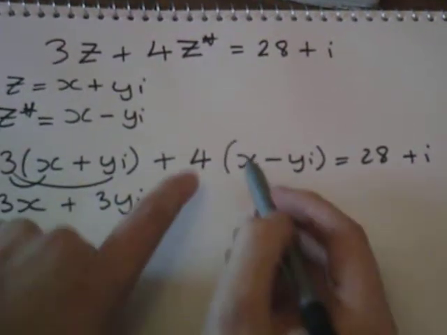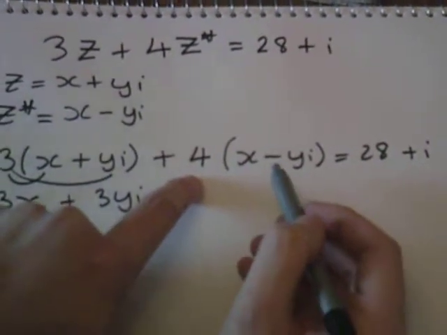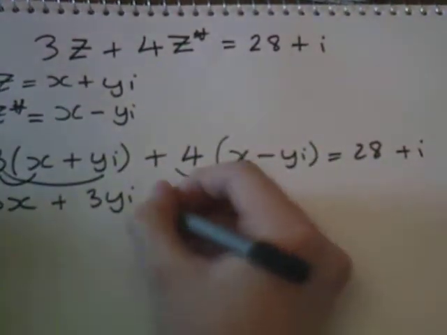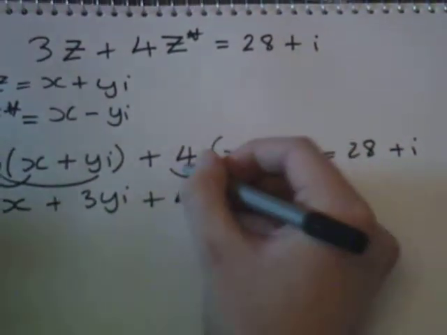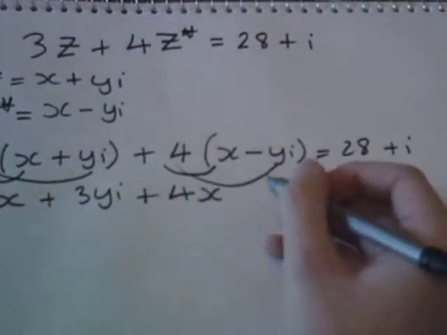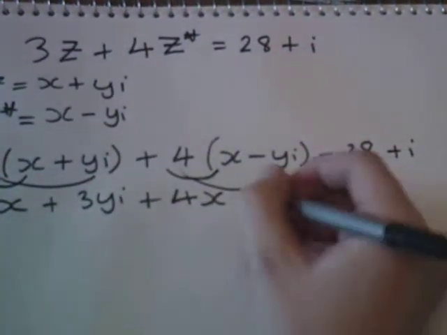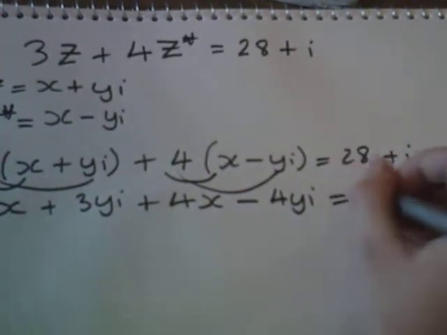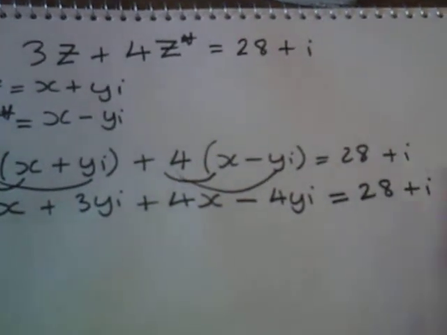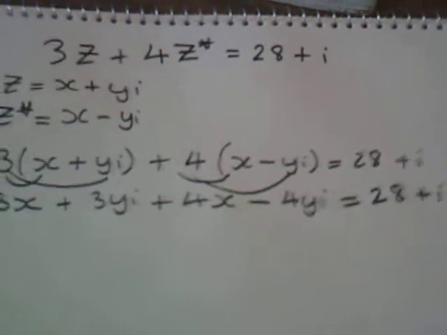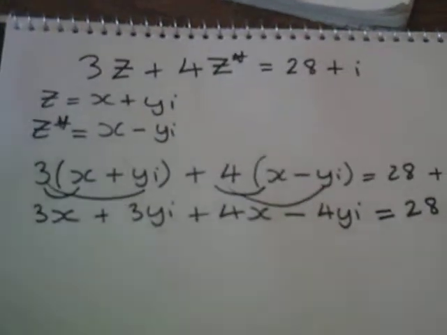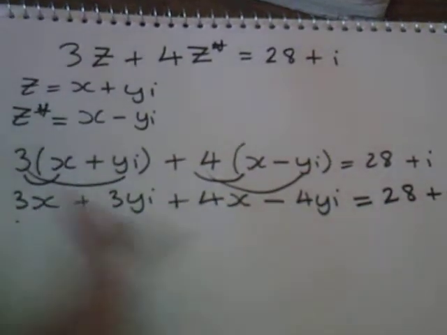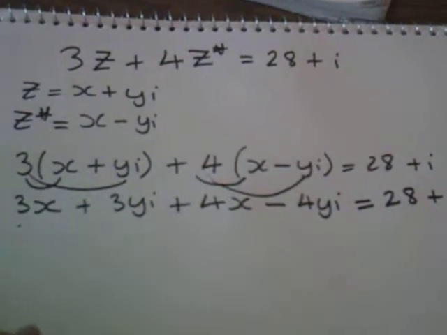Now we're going to do the other part of the equation, which is the 4z* bit. So 4 times x is +4x. And 4 times minus yi is minus 4yi, which is equal to 28 + i. Now we just want to tidy this up a little to make our calculations easier, so get all the real parts together and all the imaginary parts together.